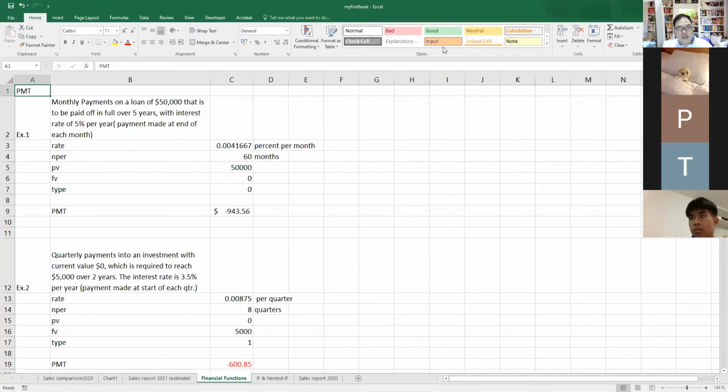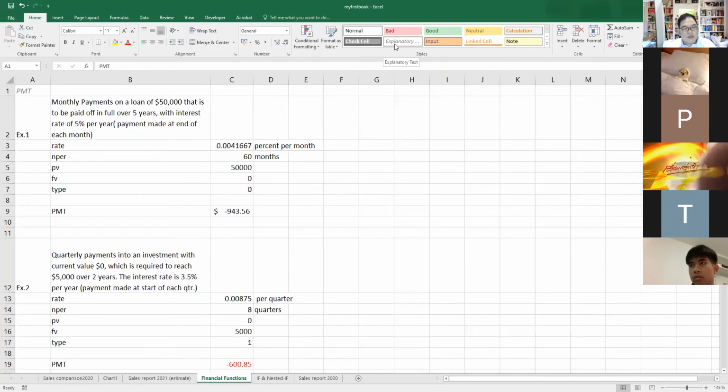This function is used whenever we would like to know how much we have to pay to the debtor, or how much we have to pay to the financial institution if we would like to invest. The PMT or payment function needs 5 arguments altogether.